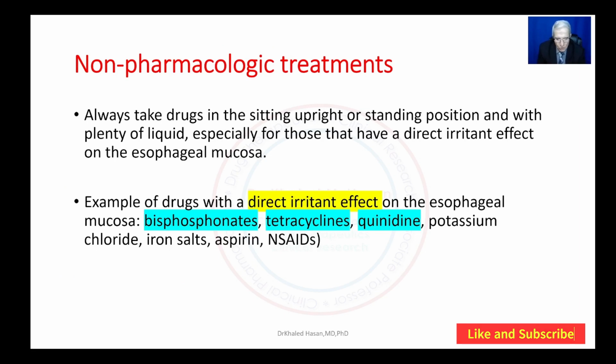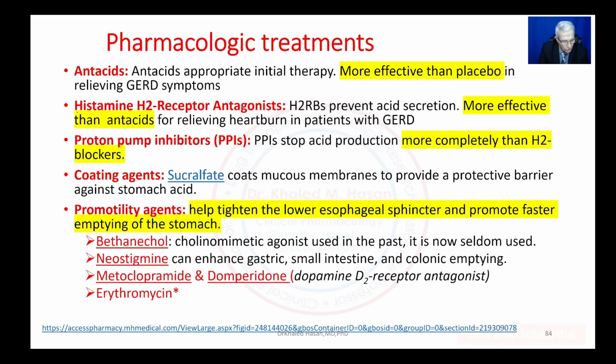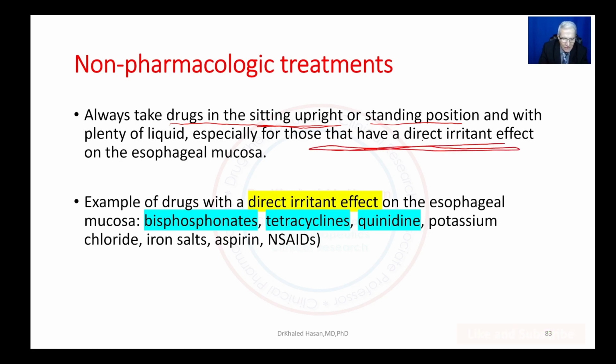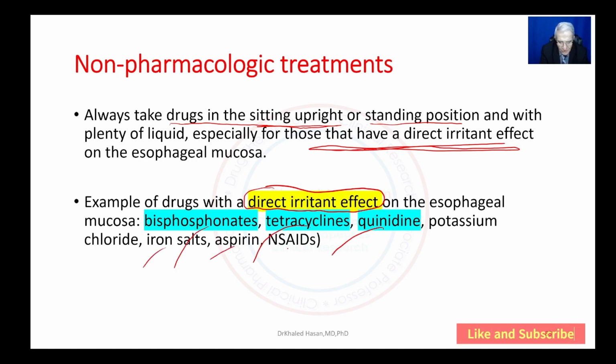Okay, in this slide, we always try to recommend the patient take the medications in the sitting upright or standing position, with plenty of liquid, especially for medications that are a direct irritant to the esophageal mucosa. Some medications are considered direct irritants to the esophageal mucosa, such as bisphosphonate, tetracycline, quinidine, iron, aspirin, and other NSAIDs.